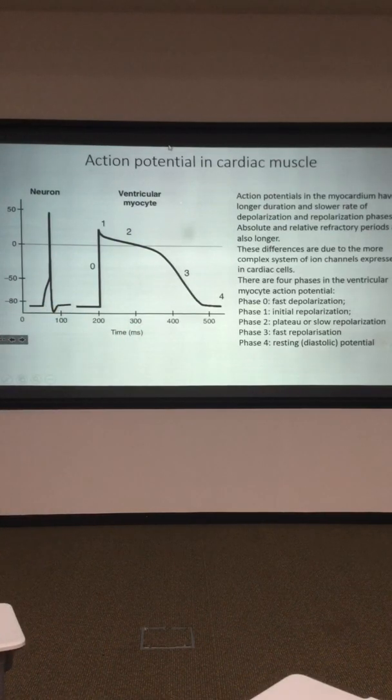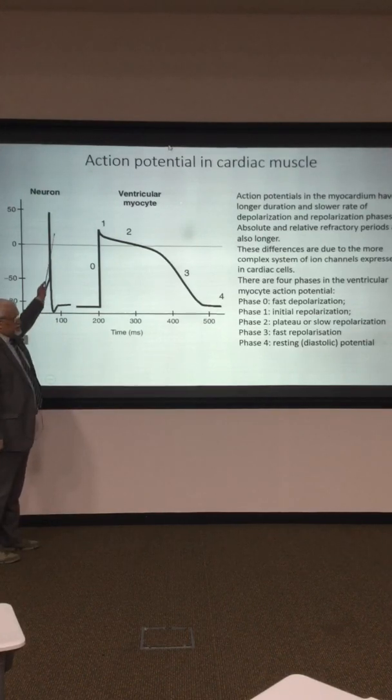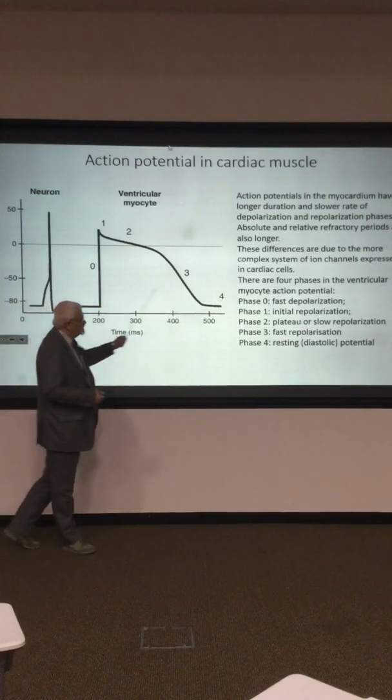And that increased length is due to the presence of different types of ion channels and different conditions of the functioning. So instead of just depolarization and repolarization, we have a few more phases here.